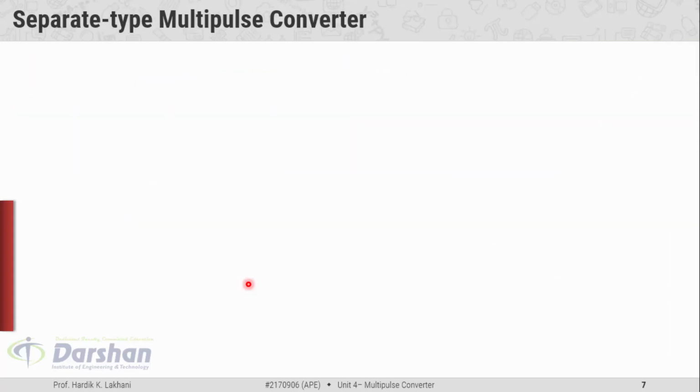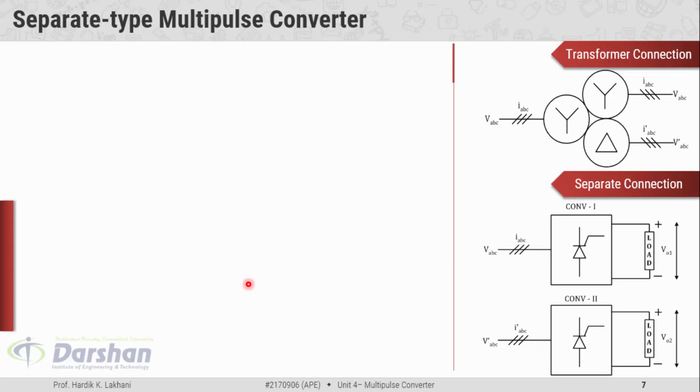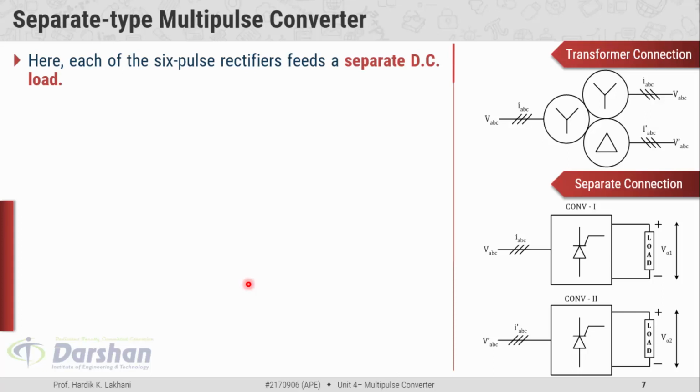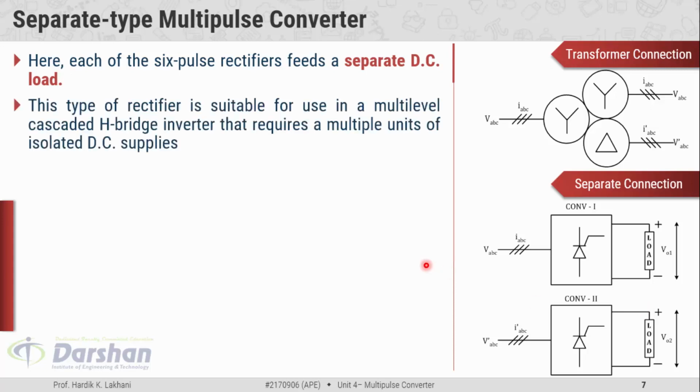Next is the separate type multipulse converter, where converter 1 and converter 2 are both separate. Here, each of the 6-pulse rectifiers feeds a separate DC load. The first converter feeds load number 1, the second converter feeds load number 2. Both loads are separate. This type of rectifier is suitable for use in the multi-level cascaded H-bridge inverter, which requires multiple units of isolated DC supply.